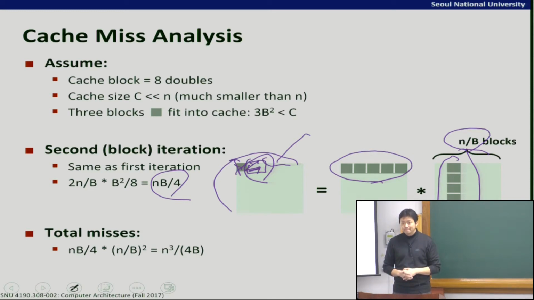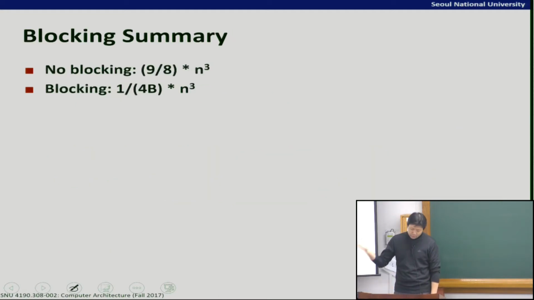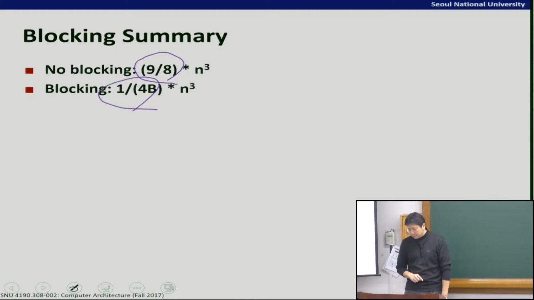Okay. So let's compare them. This one is our second version, where blocking is applied. If there's no blocking, the total number of cache misses was 9 over 8 times N cubed. If you apply blocking, then the total cache miss count will be 1 over 4B times N cubed.